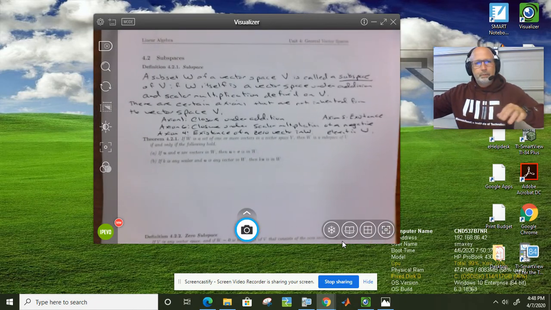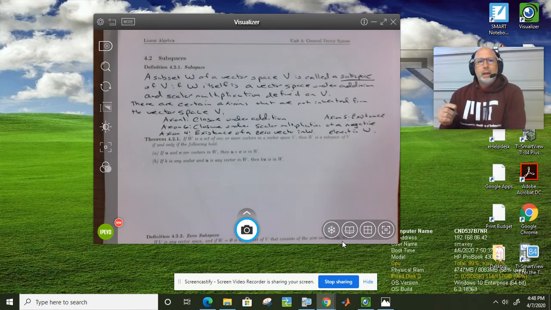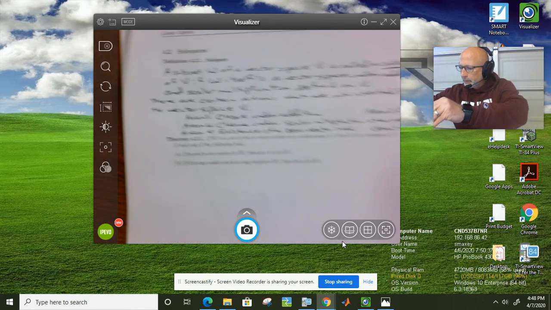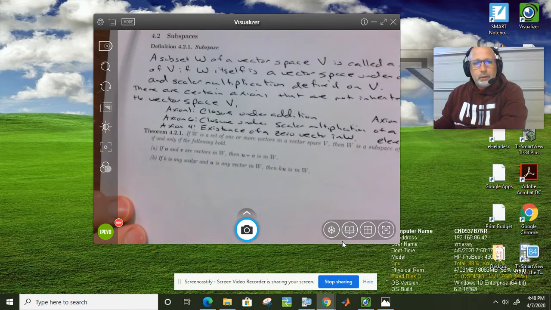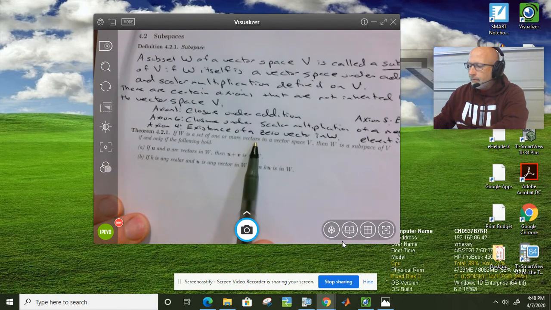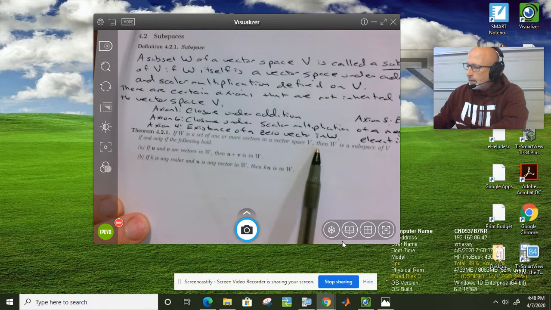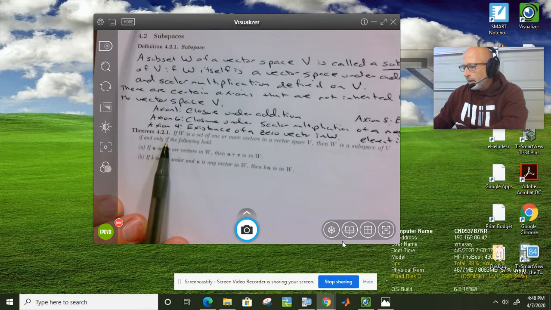Now, what's pretty cool about this is if you look at this next theorem, we can actually ignore axiom 4 and axiom 5. So theorem 4.2.1: if W is a set of one or more vectors in a vector space V, then W is a subspace of V if and only if the following hold.